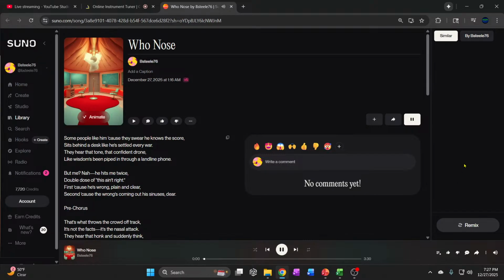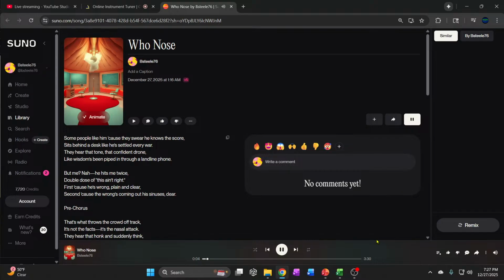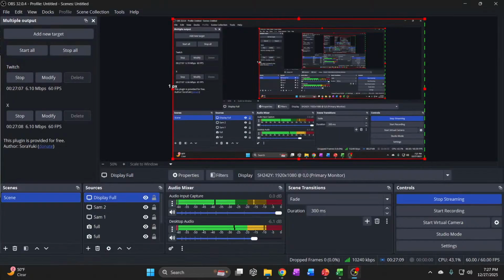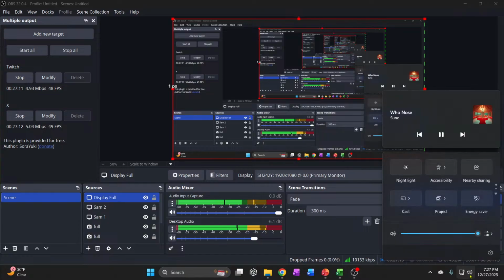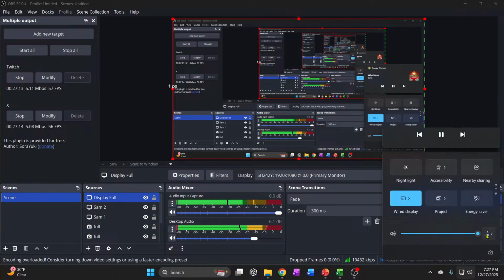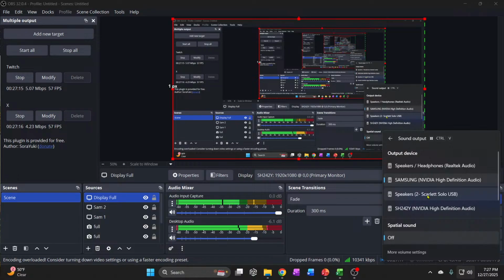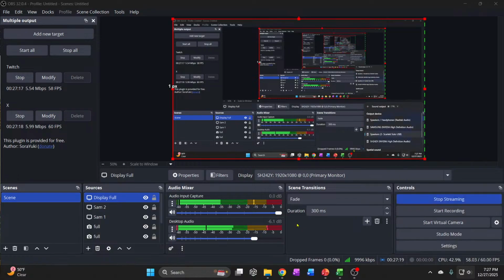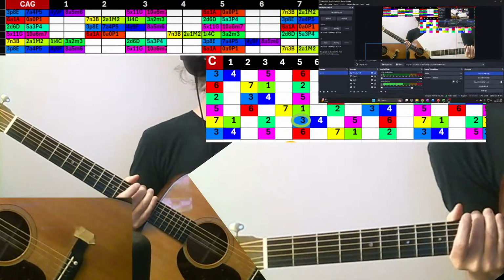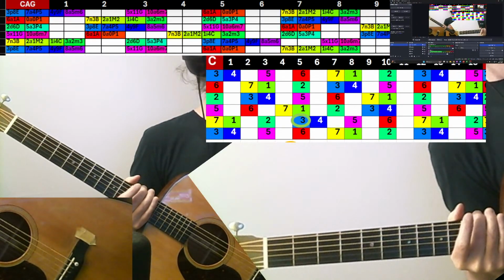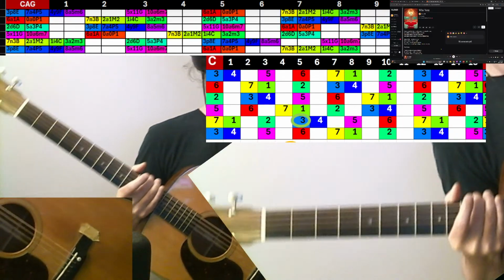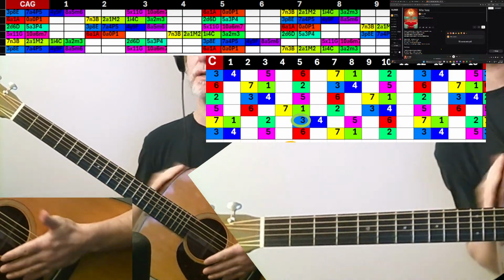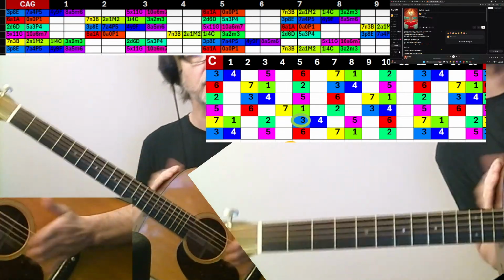Some people like him cause they swear he knows the score. Sits behind a desk like he settled every war. They hear that tone, that confident drone, like wisdom's been piping through a landline phone. But me, he hits me twice, a double dose of this ain't right. First cause he's wrong, plain and clear. Second cause the wrong's coming out his sinus is dear.